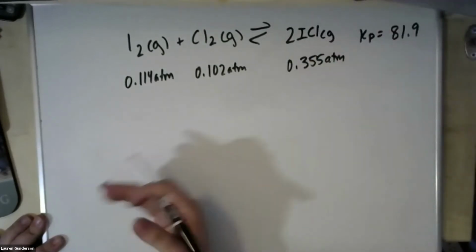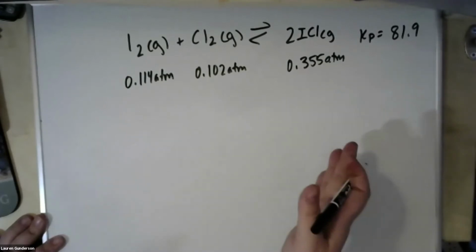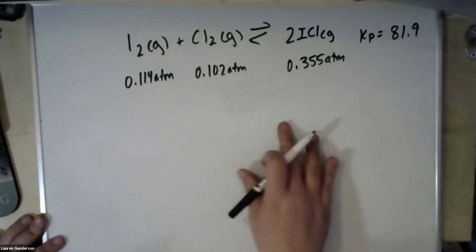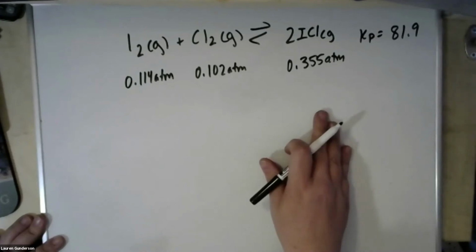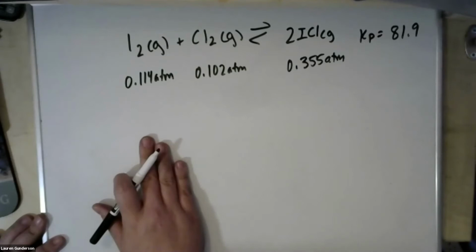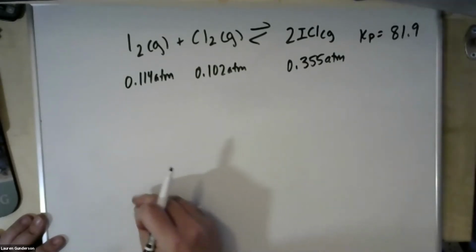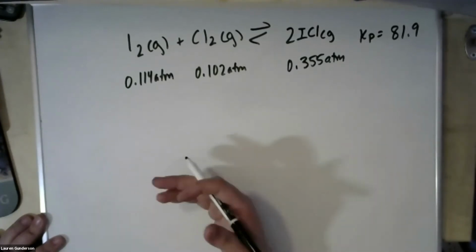It helps you predict whether you're going to be creating more products or more reactants. Because if the forward direction is being favored, then your products are being favored. If the reverse reaction is being favored, then your reactants are being favored. And we can compare our Q values to our K values to help us figure this out.